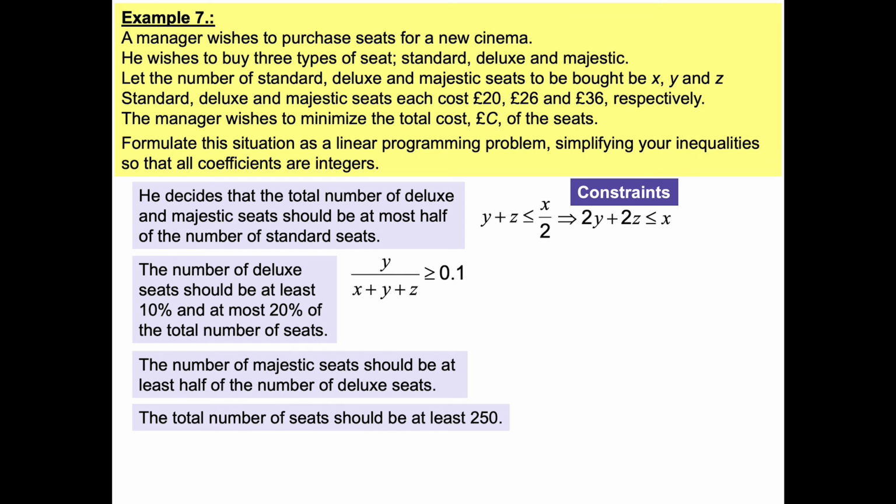The second one: the number of deluxe seats should be at least 10% and at most 20% of the total number of the seats. So that's the ratio, right?